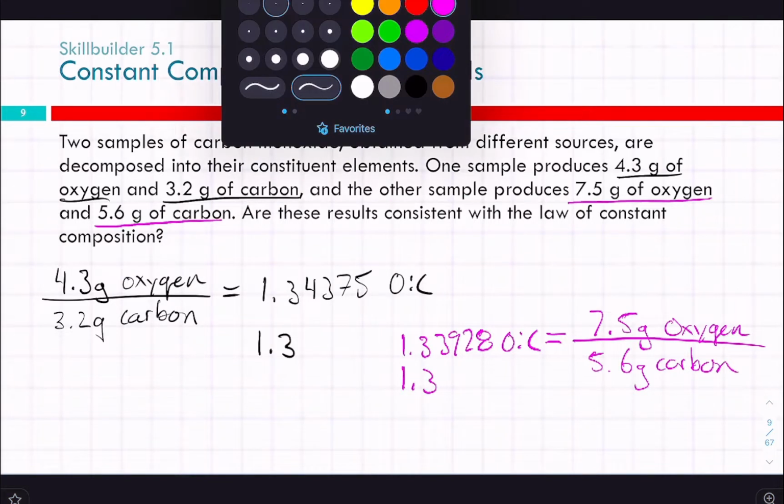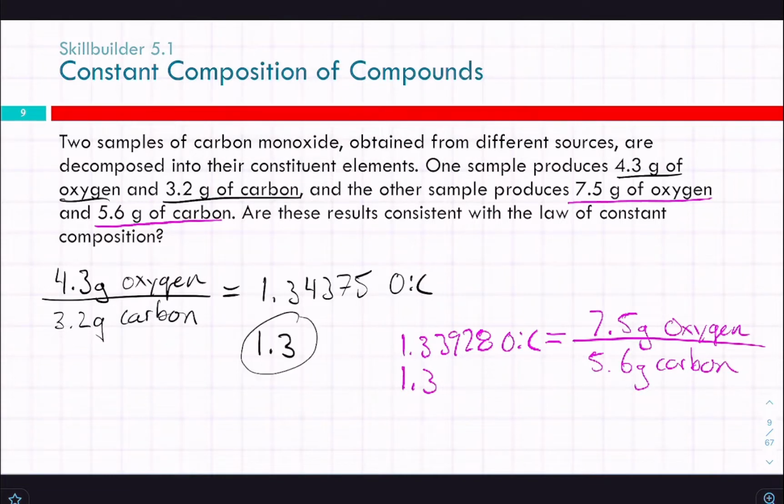So those 2 numbers are the same. And even this whole number compared to this whole number, those are close enough. It's less than a 1% difference between the 2. So they're consistent with the law of constant composition.